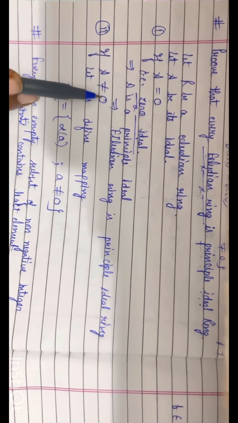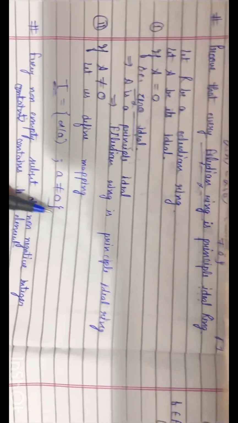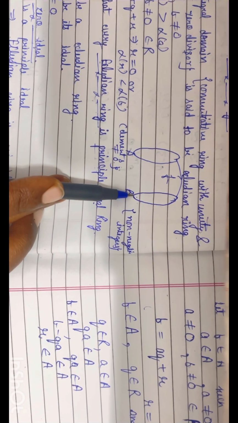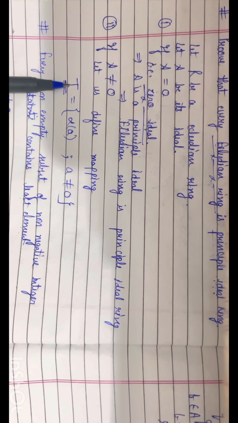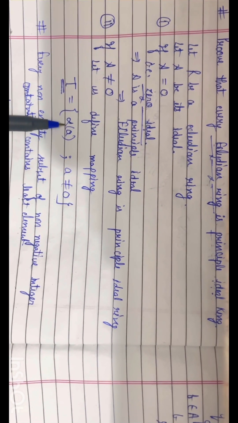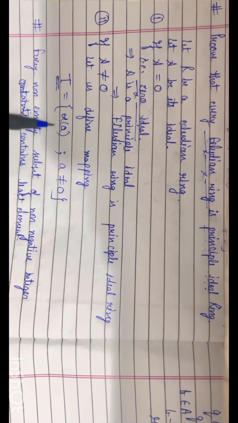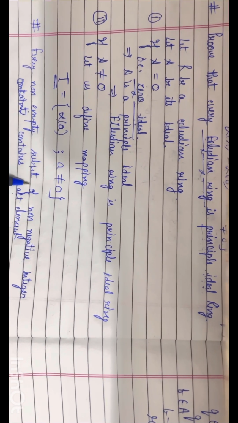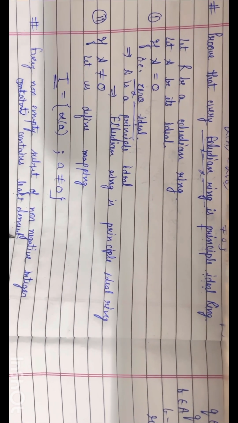It is already proven. Now second case, if the ideal is not a zero ideal, then we need to define a mapping from the non-zero elements of A to a set of non-negative integers, such that T is that set of non-negative integers which contains the image of every non-zero element of A. Now, it is important to remember that every non-empty subset of the non-negative integers contains a least element.